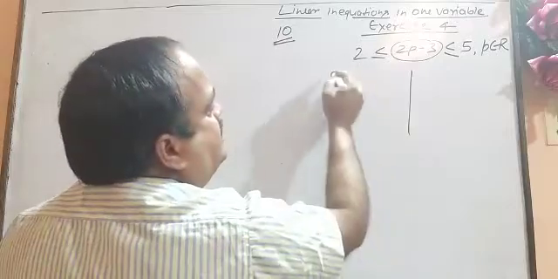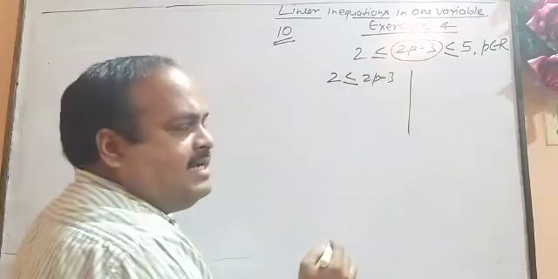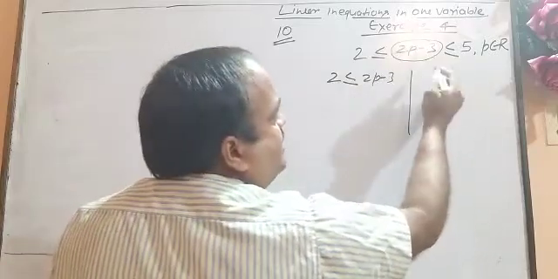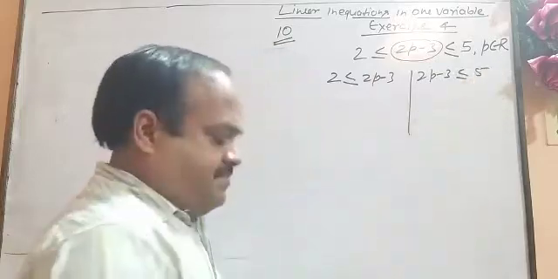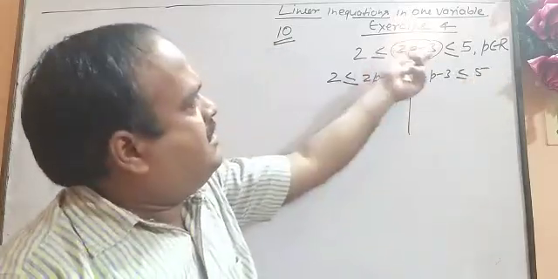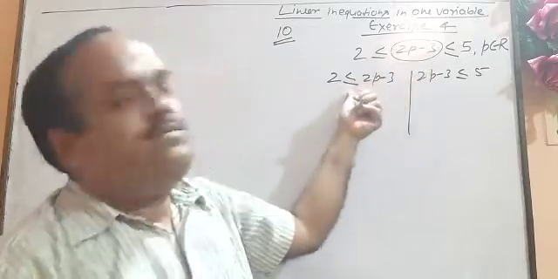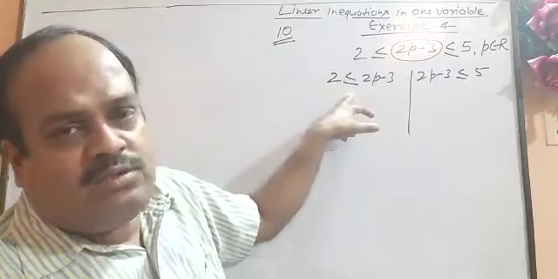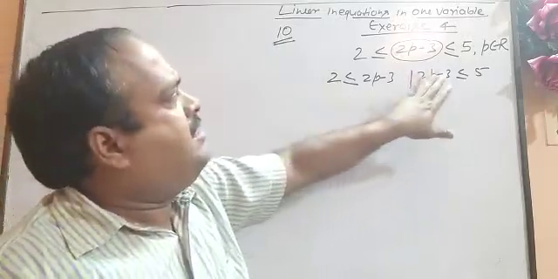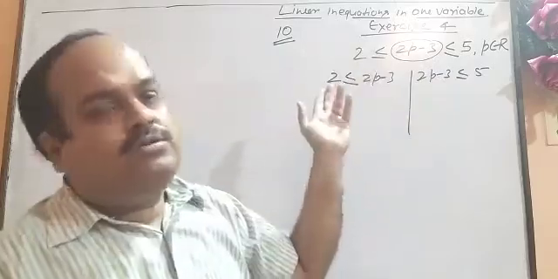I write here 2 is less than or equal to 2p minus 3, and then another statement, 2p minus 3 is less than or equal to 5. So I read again this statement, 2p minus 3 is greater than or equal to 2. When you read from this side, it will be 2 is less than or equal to 2p minus 3. When you read from this side, 2p minus 3 is greater than or equal to 2.